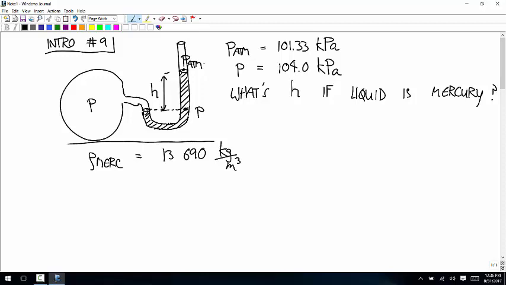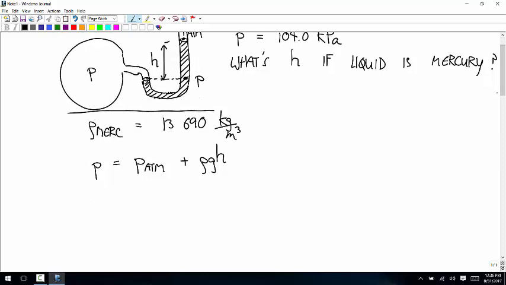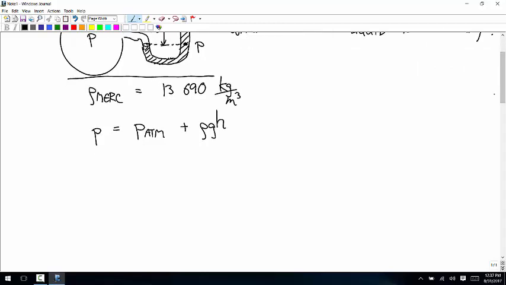So then from there, we just know that the pressure, P, is equal to the atmospheric pressure plus rho g h. And so that's pretty easy. I did it in the solution a different way, and I left off a term too, so it's wrong. I was thinking about it when I did the solution.